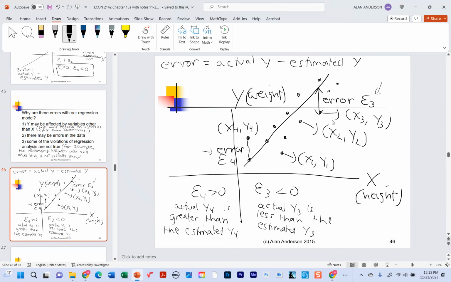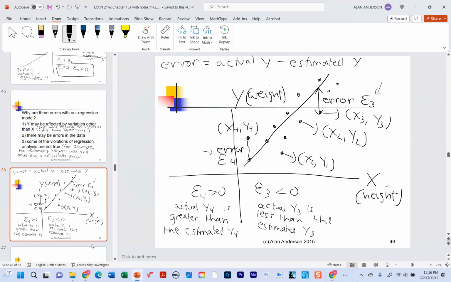Now, by the way, we'll see in a few minutes that one of the assumptions of regression analysis is that while we have all these error terms, they should cancel each other out. In other words, they should add up to 0. Sometimes the points are too high and sometimes they're too low, but on average, they should add up to 0. If they don't, then something's not right. That means you have to check your results and see if there's a problem.